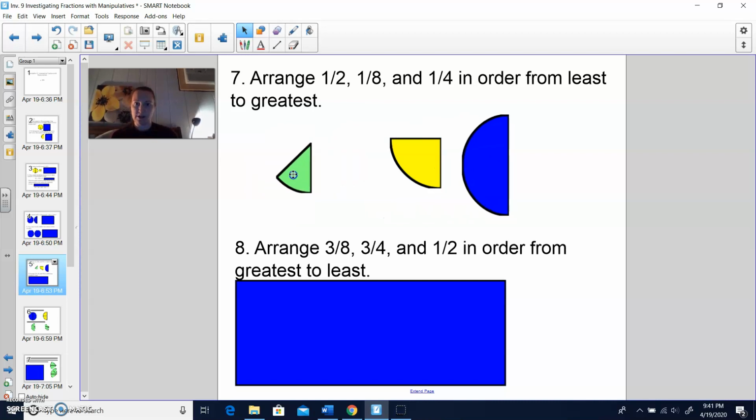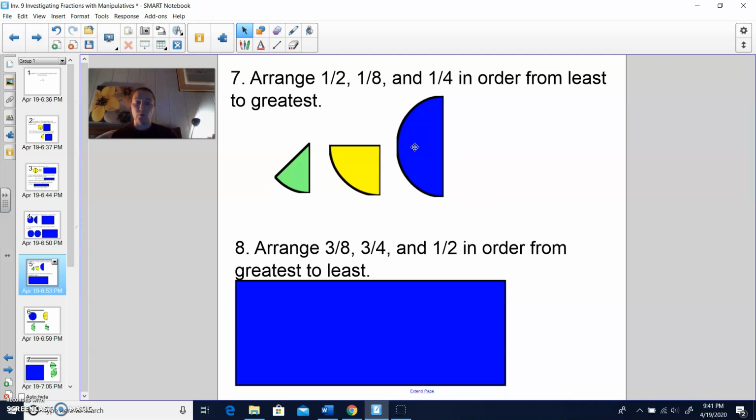That would be the 1/8. The next largest would be 1/4. And the largest piece would be 1/2. So 1/8, 1/4, 1/2.